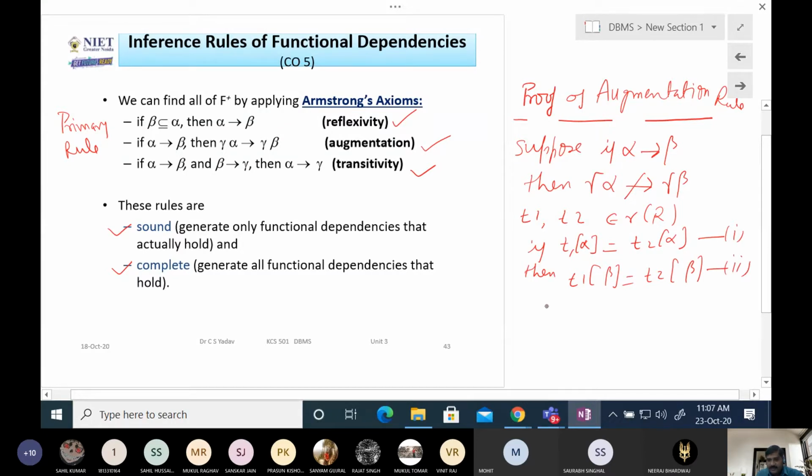But for this, if T1 of gamma alpha equal to T2 of gamma alpha, then T1 of gamma beta is not equal to T2 of gamma beta.